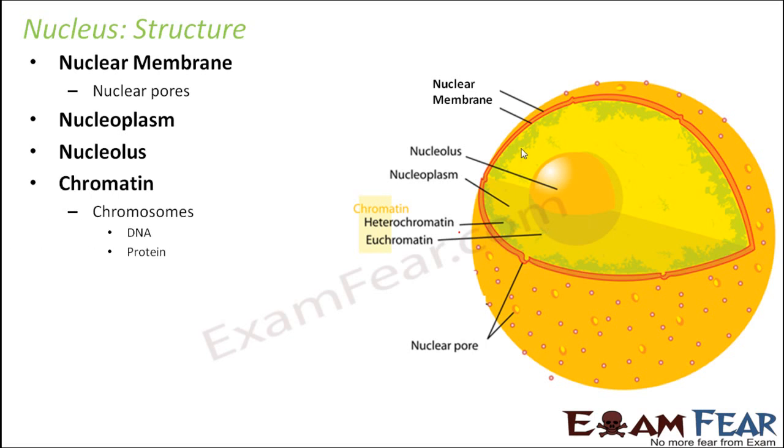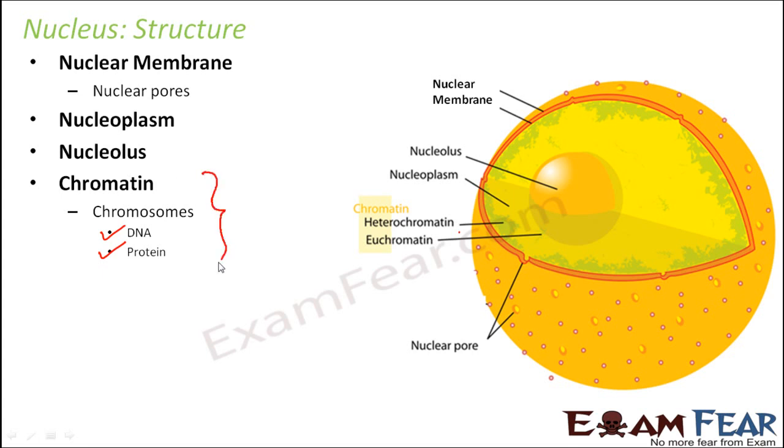Chromatin. Chromatin are nothing but very thin thread-like structures present inside the nucleus. Here you can see these are chromatin, the green colored structures. These chromatin later form chromosomes: chromatin itself gets condensed and groups together to form chromosomes, and these chromosomes contain the genetic material, that is DNA and protein.